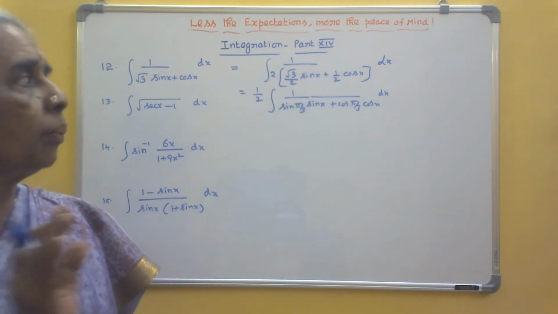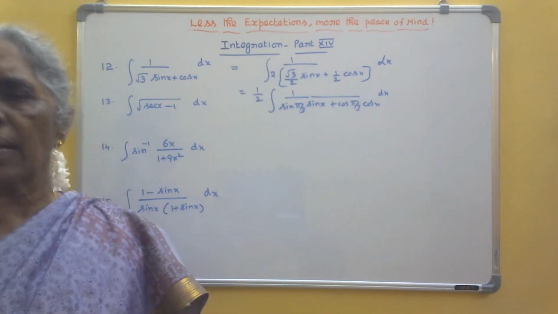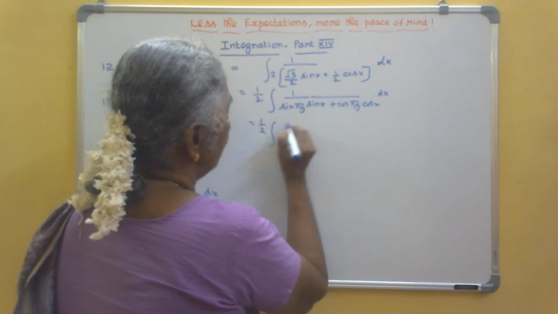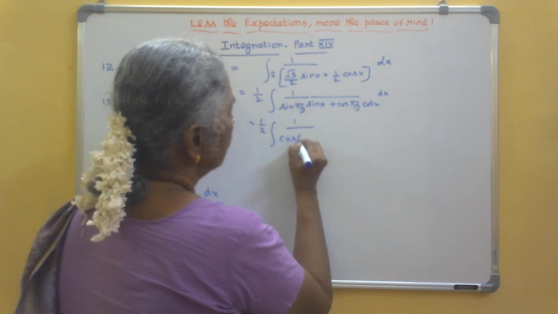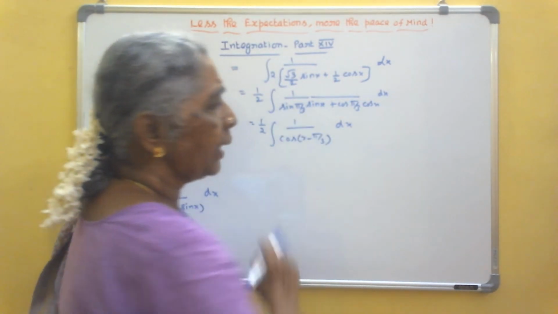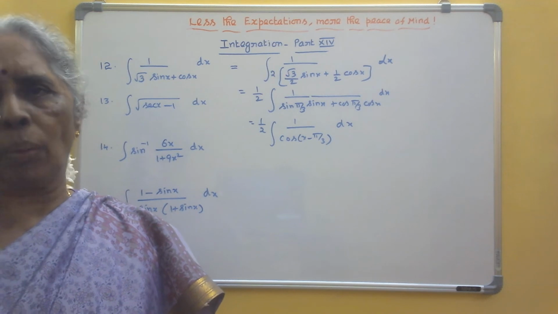It is better you bring it in terms of cos. You can take it as sin also, then the answer will be a bit different, but that doesn't matter. So you will get 1 by 2, I will get 1 by cos of x minus pi by 3 dx. Take it to the numerator, you will get it as secant and then apply the formula.